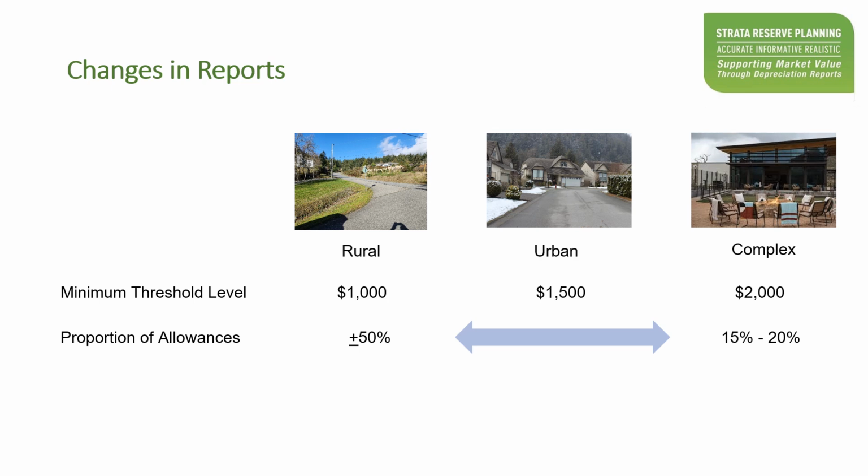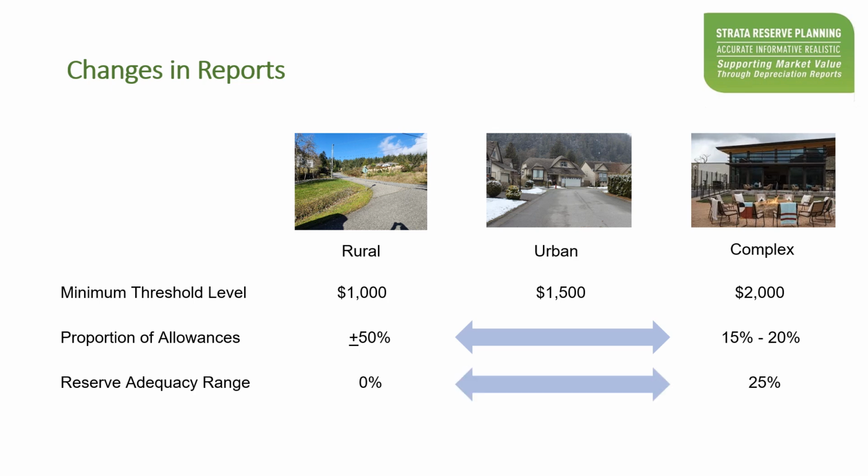When we get to complex bare land subdivisions and all the components that are part of that, we see the proportion of allowances down to 15-20%, something more in line with what we would see within an apartment building. And for the urban category, we would see something in between.